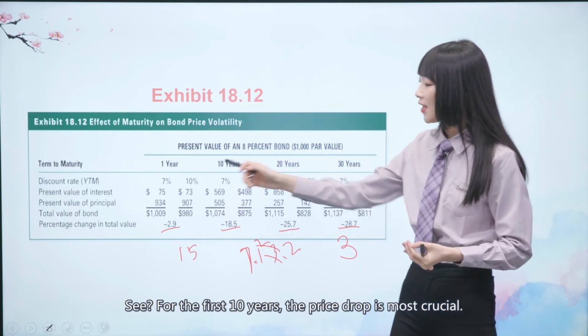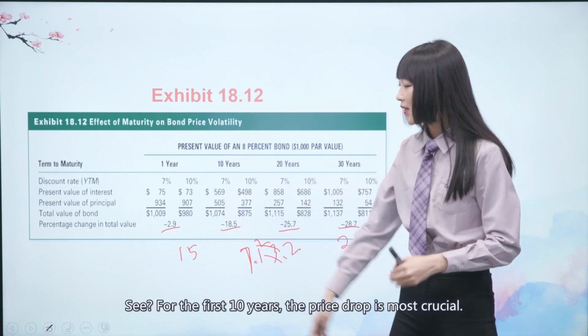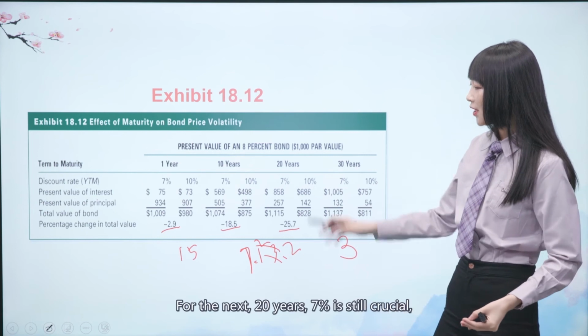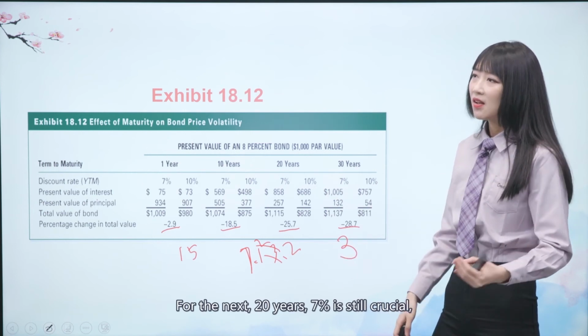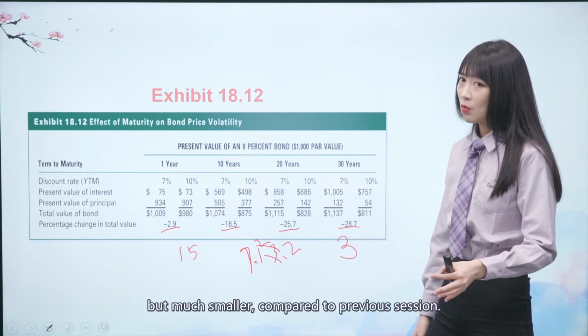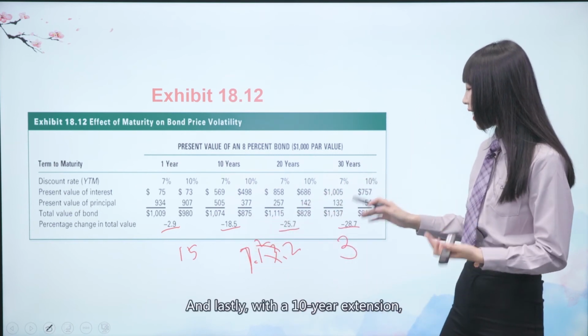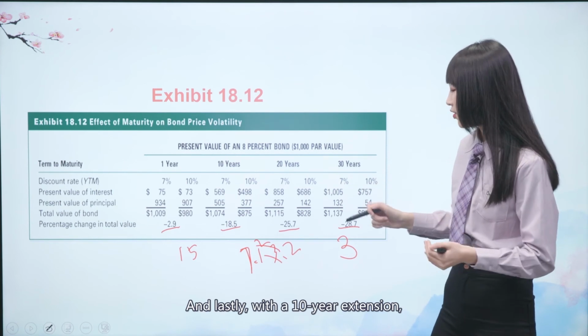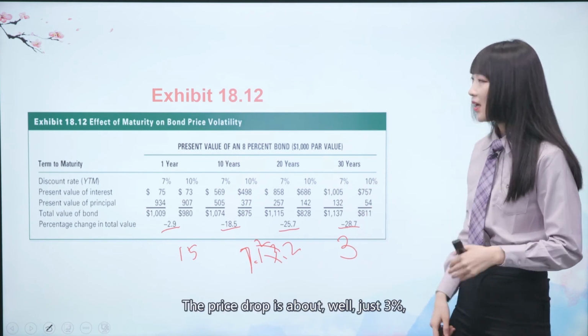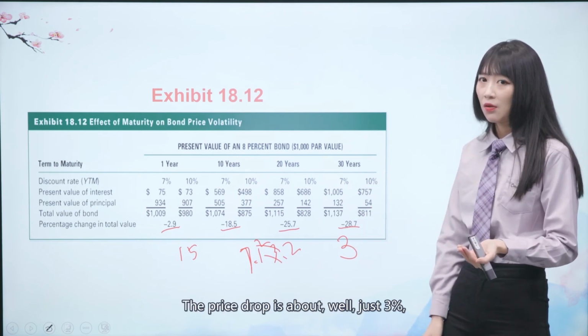See, for the first 10 years, the price drop is most crucial. For the next 10 years, 7% is still crucial, but much smaller compared to the previous session. And lastly, with a 10-year extension, the price drop is about just 3%.